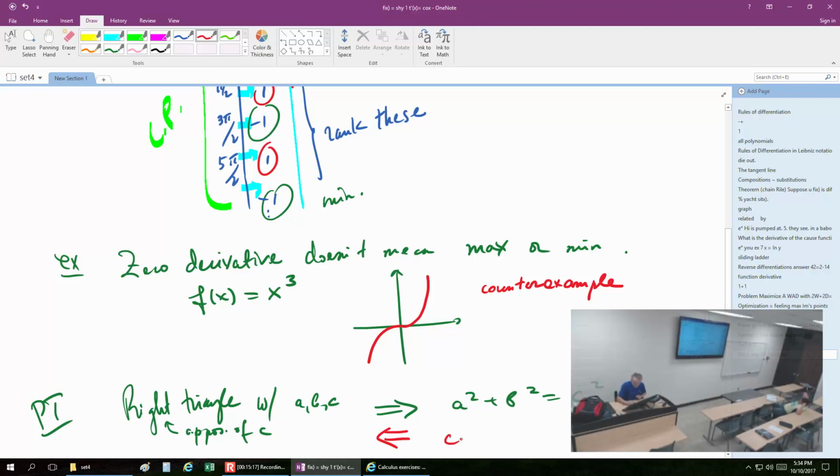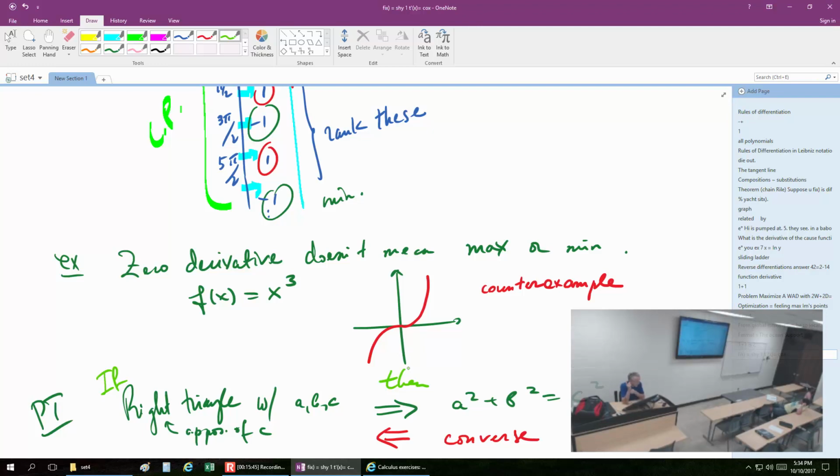This is the converse. From left to right is one statement, and from right to left is the converse. In an if-then statement, which part is the if and which part is the then is the essence of the theorem. But sometimes you can flip them and it's still true. That's called the converse.